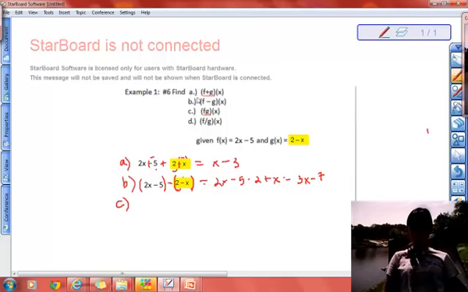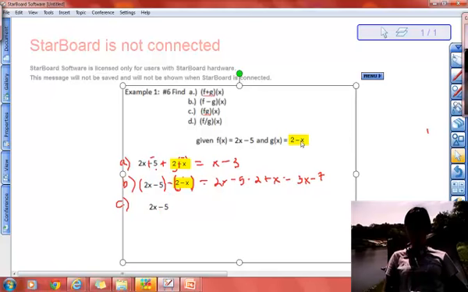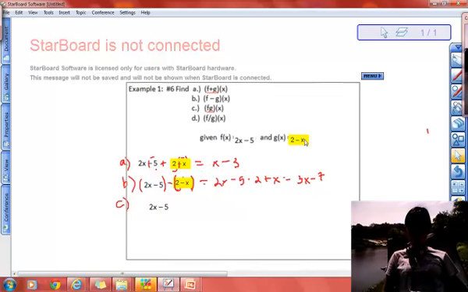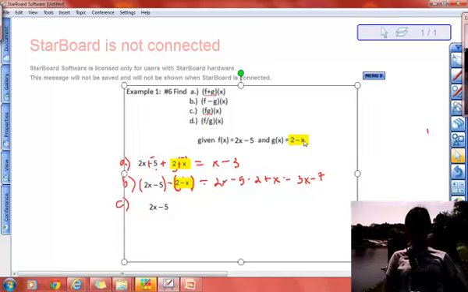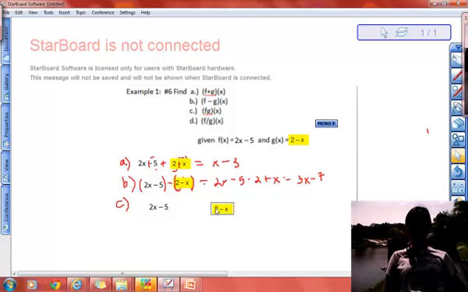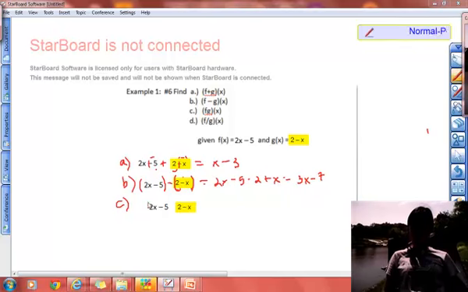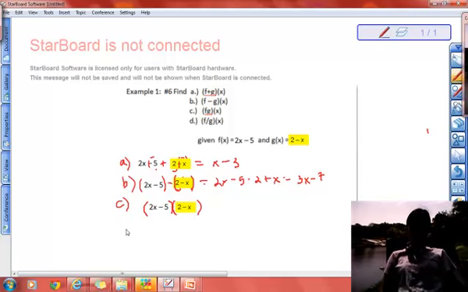Part C, this you might also see just fg, so this is going to be f times g, so we're going to have (2x minus 5) times (2 minus x). So these do have to be in groupings. You would have to go ahead and FOIL these for your final answer.